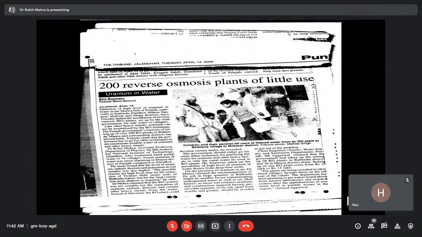But to your surprise, what is happening actually is that they have installed an RO. I have personally visited those areas where those ROs have been installed, along with the Deputy Commissioner of Mansa and the Deputy Commissioner of Bathinda.